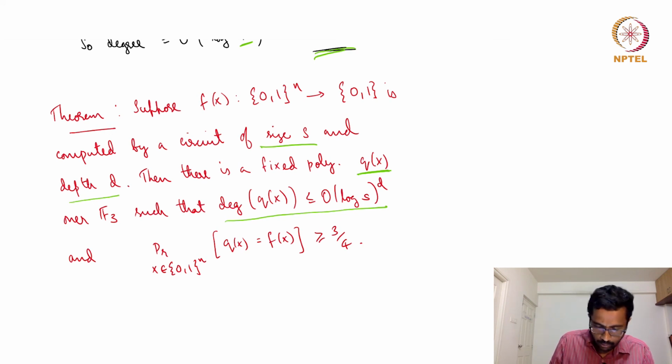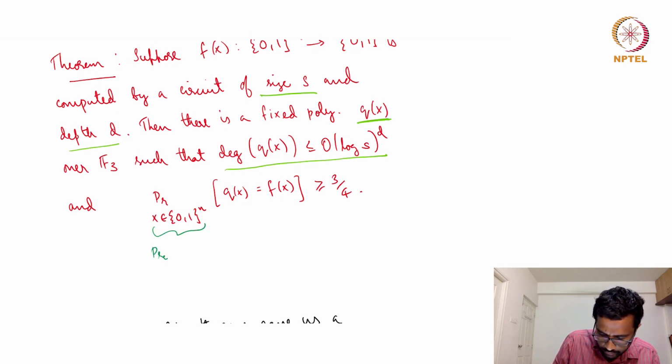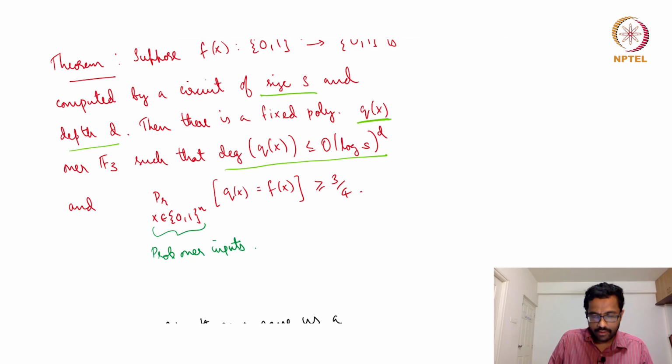And in this probability, please note this, the probability is over inputs. There is no randomness here, or the randomness is over the choice of input. The polynomial is fixed.